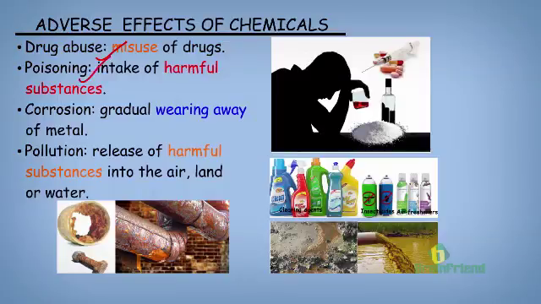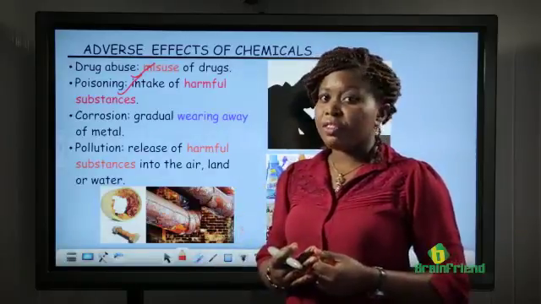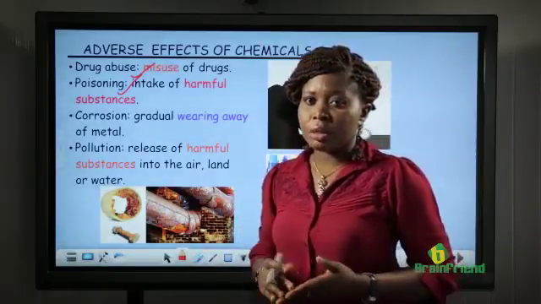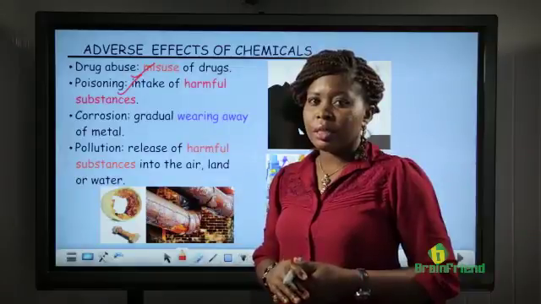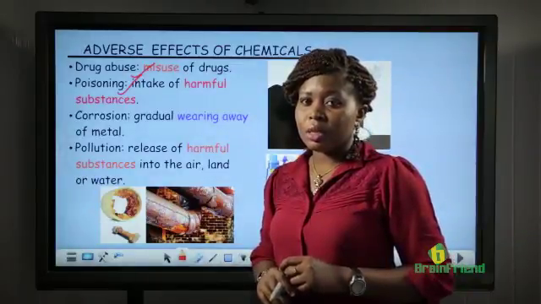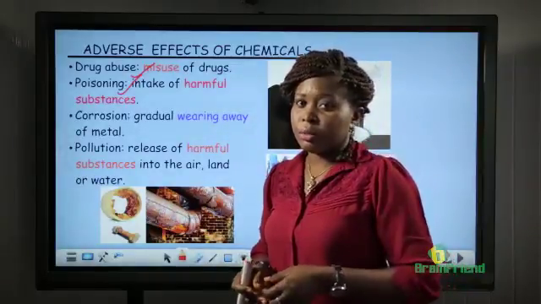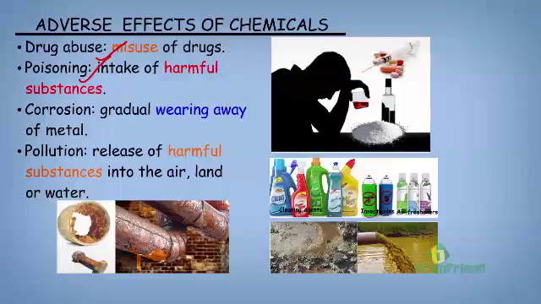Two. Poisoning. Intake of harmful substances. There are some substances that when we consume them are very dangerous or harmful to our bodies. And most times such substances, we consume them unconsciously. For example, our cleaning agents that we use to clean our homes and items in the house.